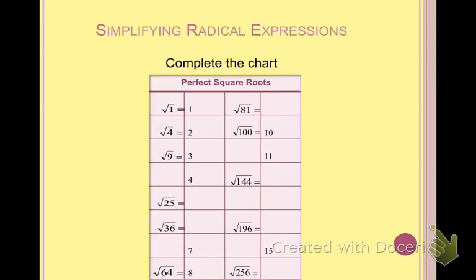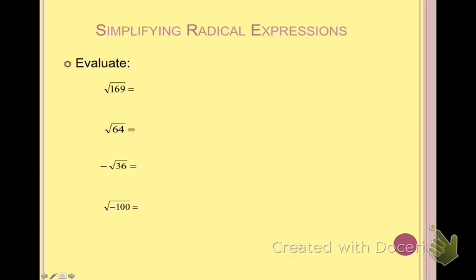Okay, so the square root of 1 would just be 1, because 1 squared is 1. The square root of 4 would be 2, because 2 squared is 4. The square root of 9 would be 3, because 3 squared is 9.